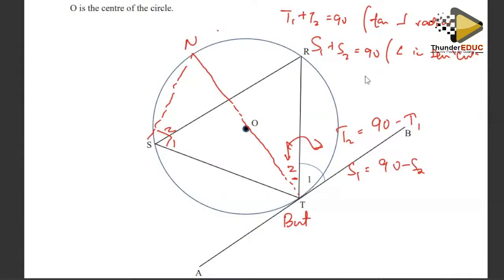But we know that S2 is the same as T2. And if S2 is the same as T2, therefore S1 is the same as T1. I think that is just enough for that particular part.